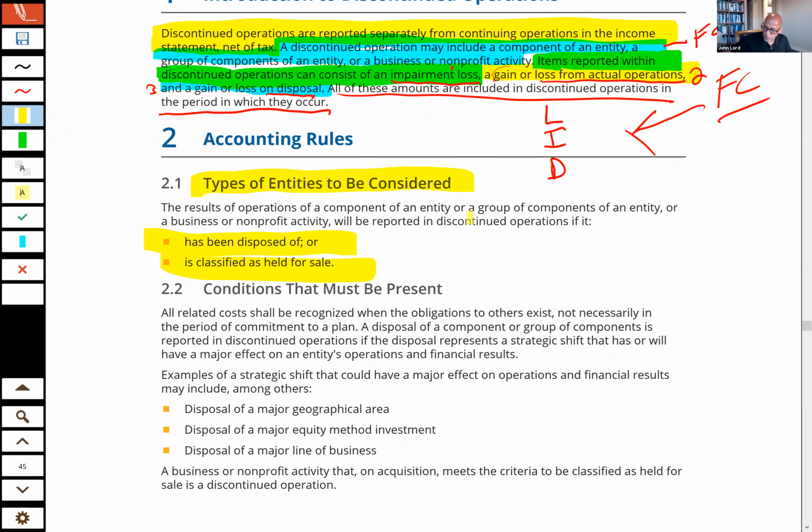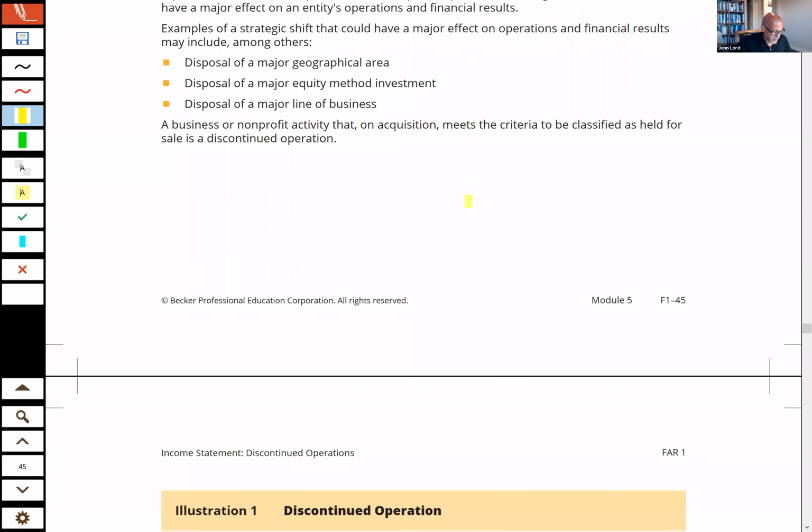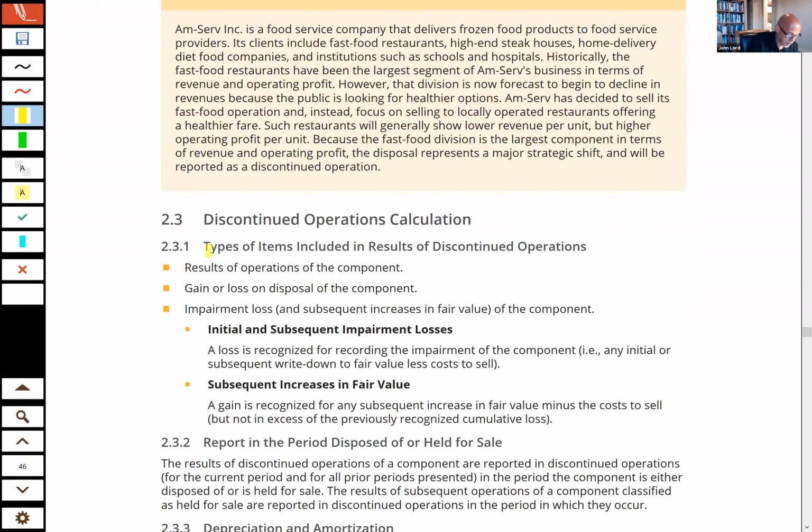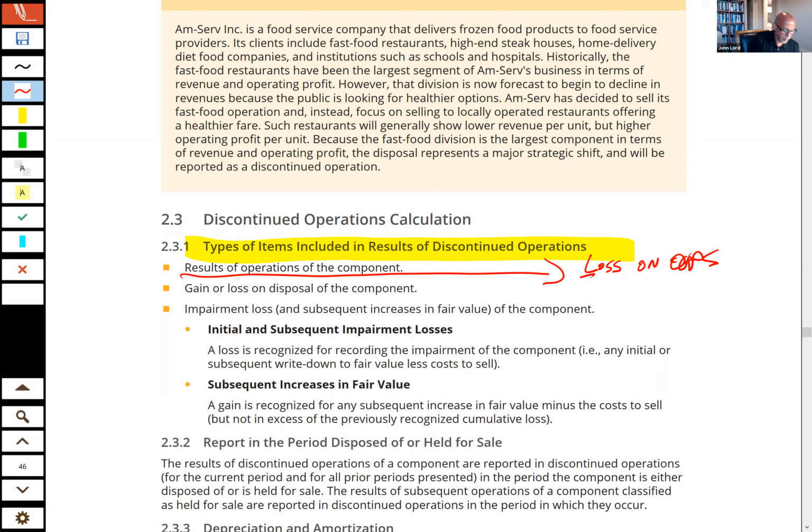Now you come over and we take a look at discontinued operations calculation, type of items included, and we already know that it is going to be what? The results of the operations of the component, which is going to be the loss on operation. That was the L in LID.